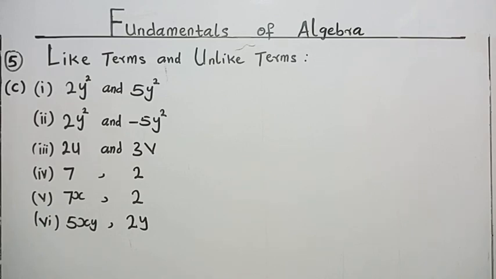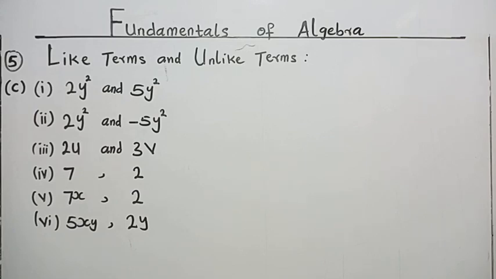The symbols must be the same, and the symbols must have the same power, irrespective of whether they are minus or plus. So based on that, we also conclude that 2y to the power 2 and minus 5y to the power 2 are like terms. What about 2u and 3v?